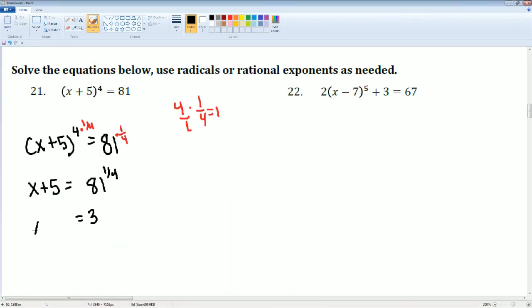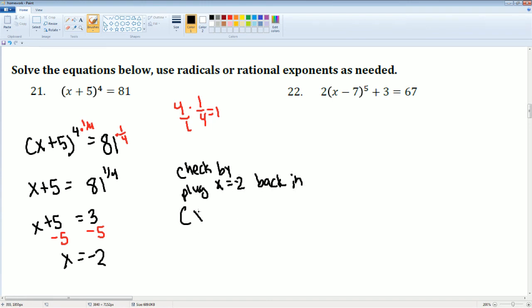Then bring x plus 5 down. Okay, you should finish it here. Subtract 5, subtract 5. x is equal to -2. Okay? 3, 3.